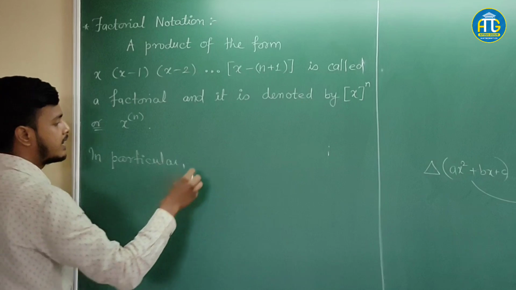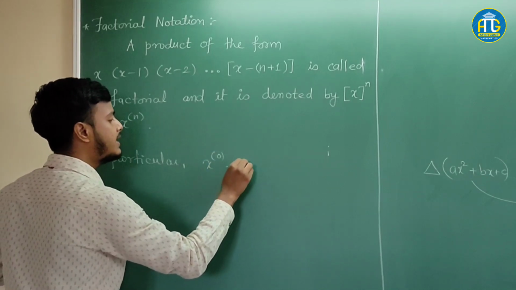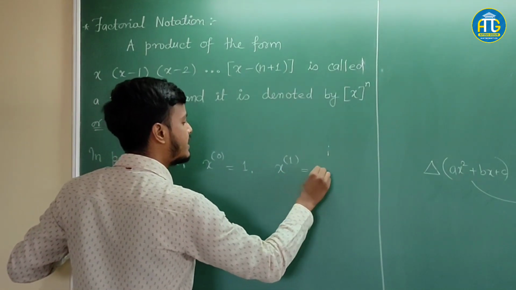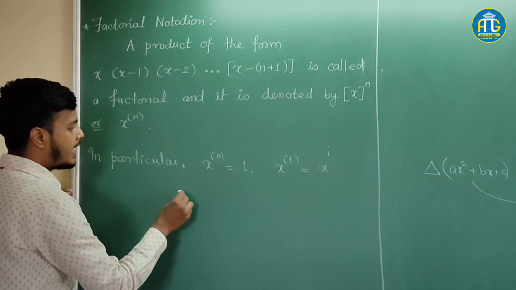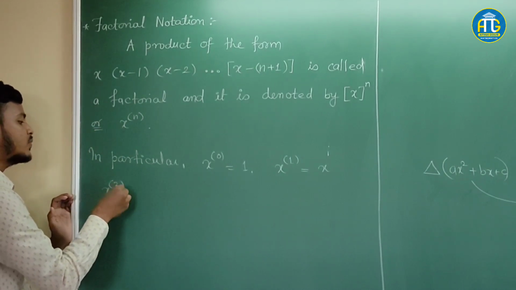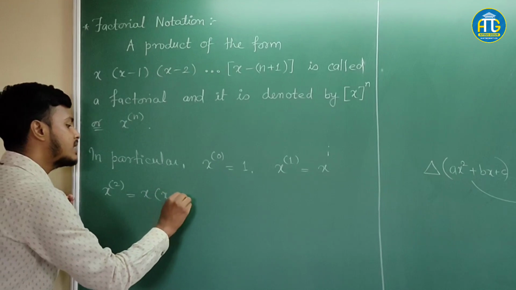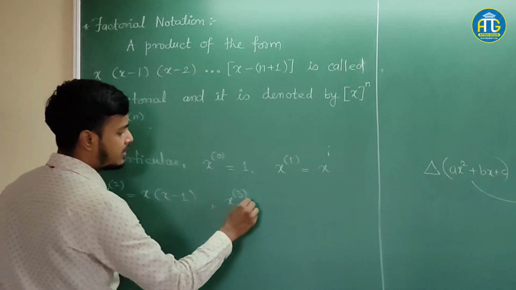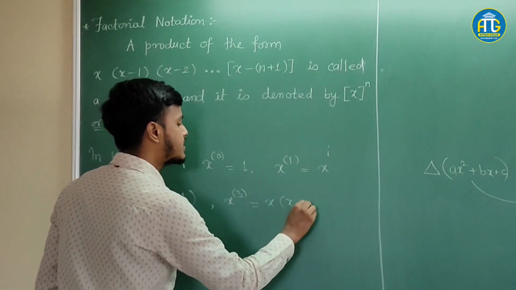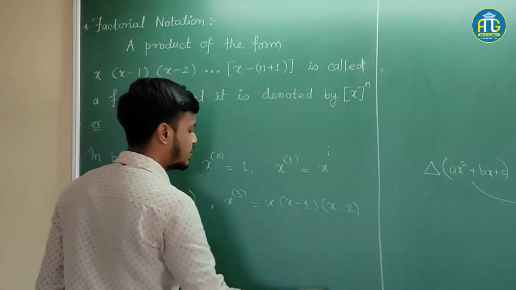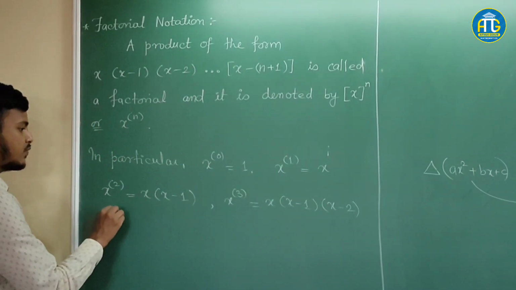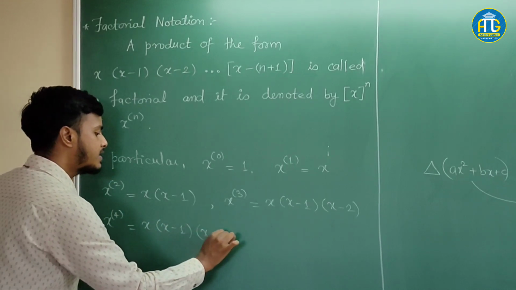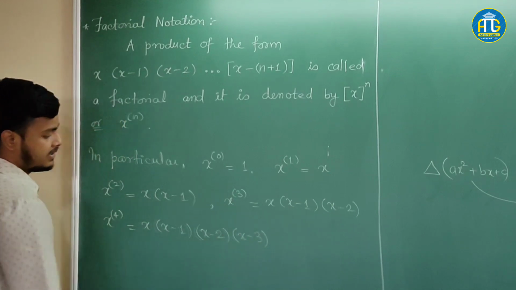In particular, x raised to 0 factorial is 1, x raised to 1 factorial is x, x raised to 2 factorial is x into x minus 1, x raised to 3 factorial is x into x minus 1 into x minus 2, x raised to 4 factorial would be x into x minus 1, x minus 2 into x minus 3.